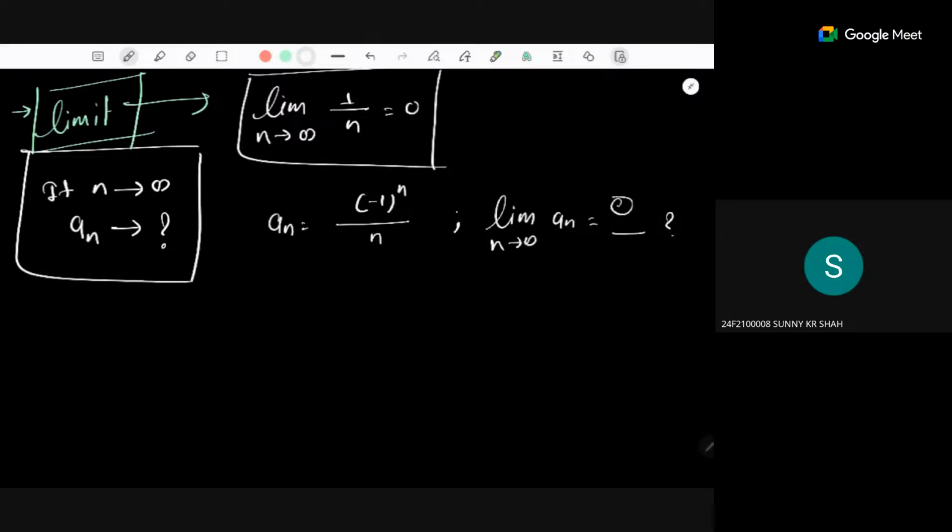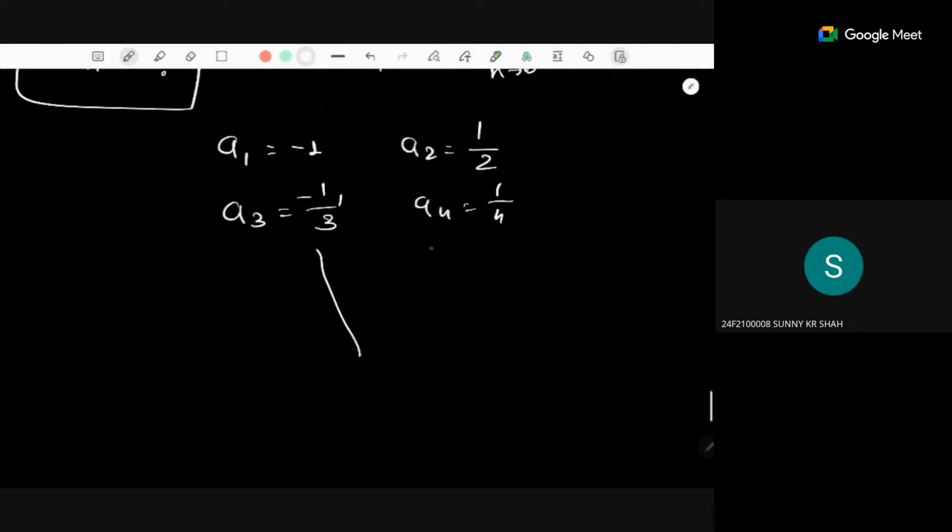If you compute several terms of the sequence, a1 is minus 1 by 1, which is minus 1. a2 is 1 by 2. a3 is minus 1 by 3. a4 is 1 by 4. So the terms lie on both sides, and we get oscillating terms: one term lies on the right-hand side of 0, another on the left-hand side.